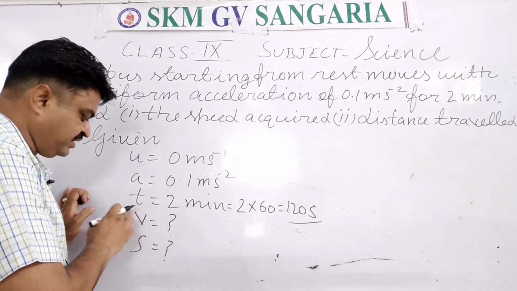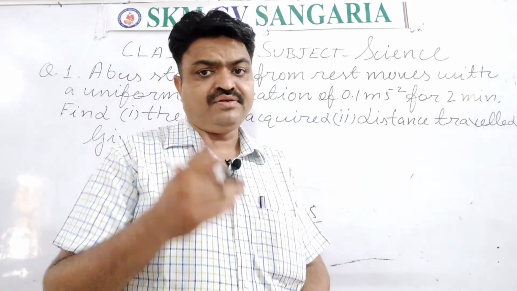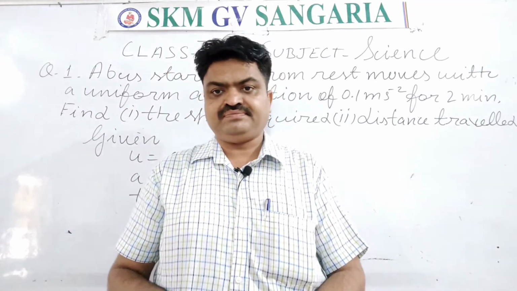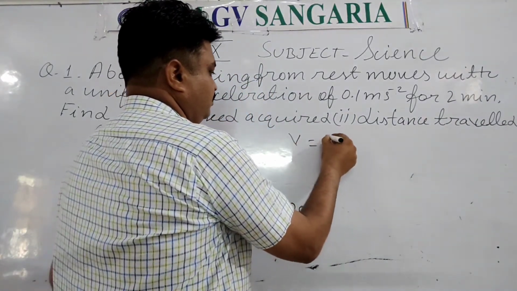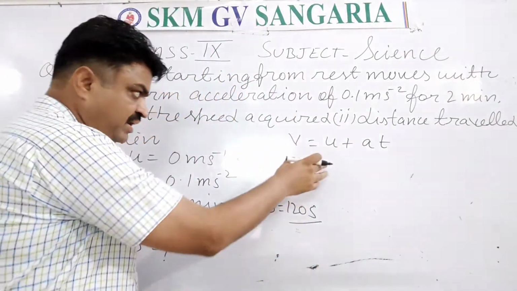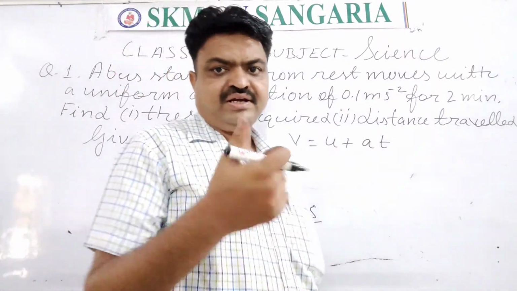So for finding the final velocity, what will we use? We will use the first equation of motion. And what is it? V is equal to U plus AT. So with the help of this equation of motion, you can get the answer.